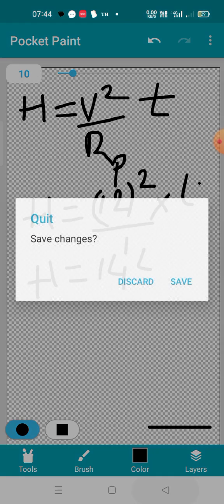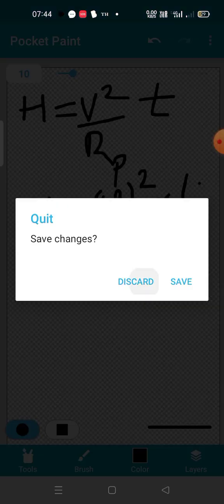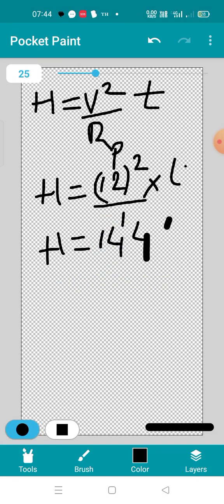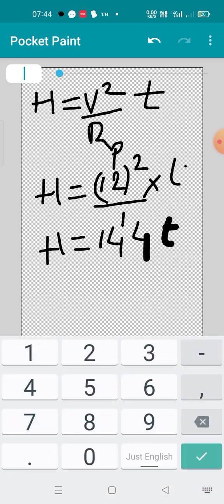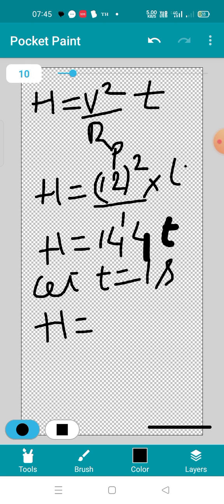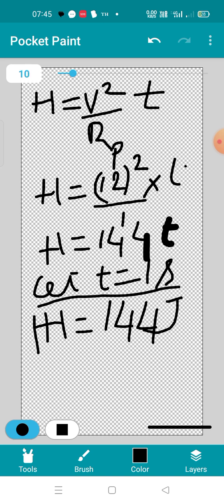It will be 144 T joules. So T is equal to 1 second, as we assumed before in the previous two circuits. So H will be equal to 144 into 1. So it will be 144 joules. So this is the heat produced in case 3.